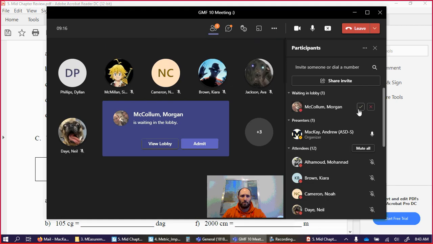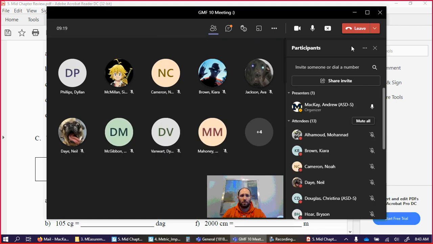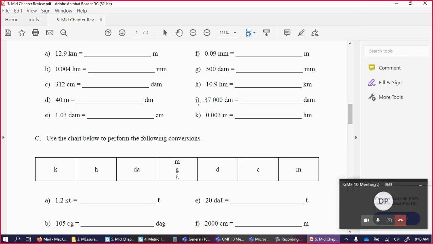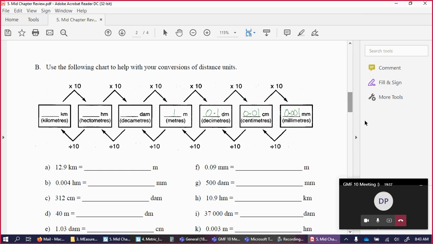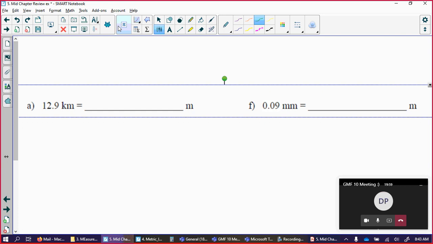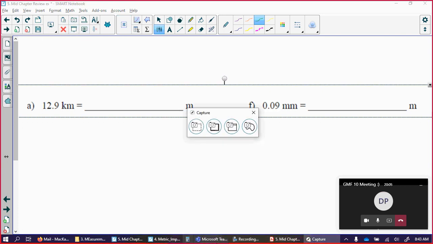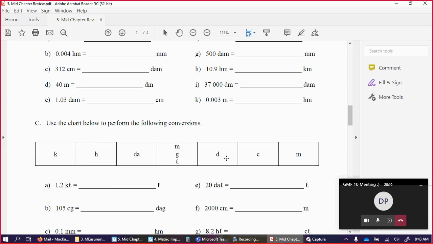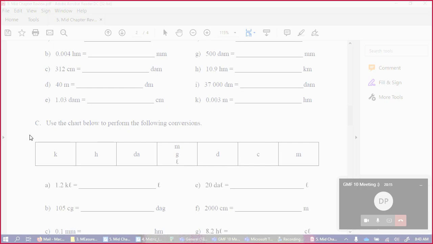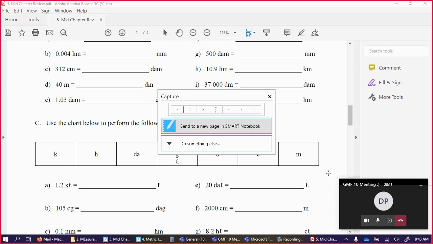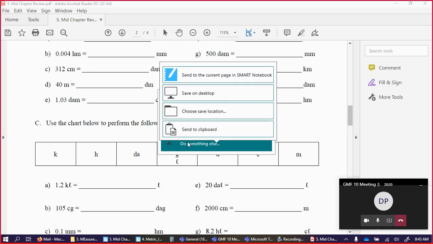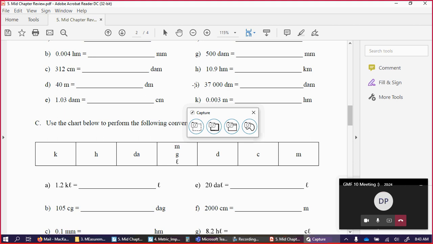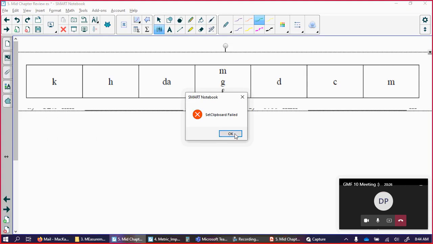I don't know why that's not working. Let's go to the back door and use this part. Sorry, technical difficulties. There we go. Sorry. That was weird.